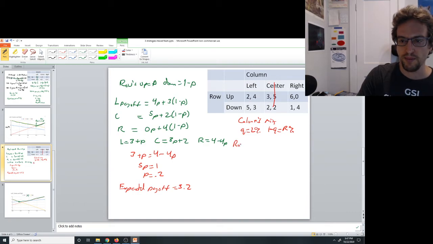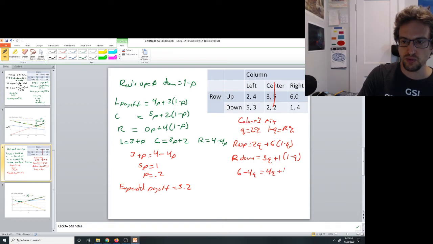So Row goes up, and that's equal to 2Q plus 6 times 1 minus Q, and Row goes down is equal to 5Q plus 1 times 1 minus Q. So this is 6 minus 4Q is equal to 4Q plus 1. 5 equals 8Q.